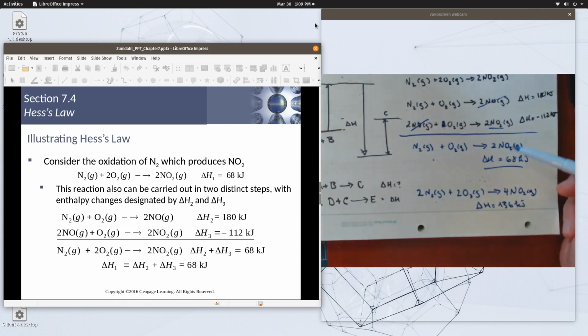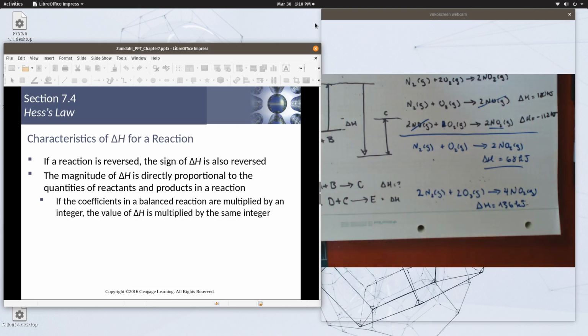So the point is you need to keep track that for each reaction, the number that you get here will depend upon the stoichiometric coefficients that we have. Now, to make life a little bit easier, we tend to tabulate this in terms of a per mole.